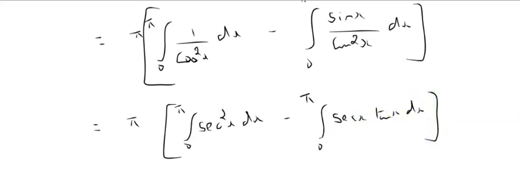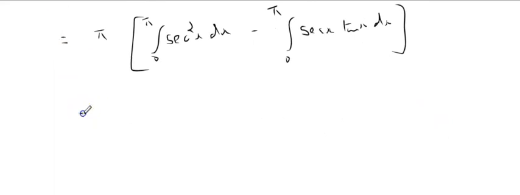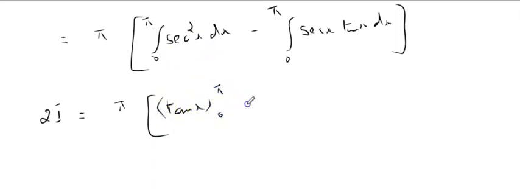On integrating this, 2I is equal to pi into the integration of secant squared x, which is tan x, between the limits 0 to pi, minus, and the integration of secant x tan x is secant x between the limits 0 to pi.